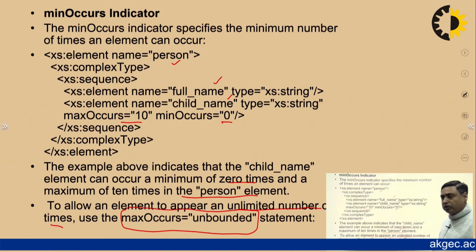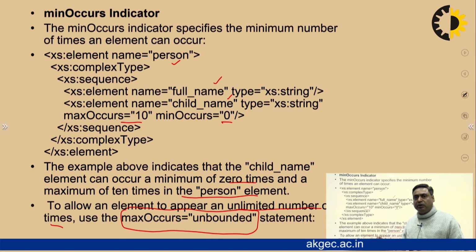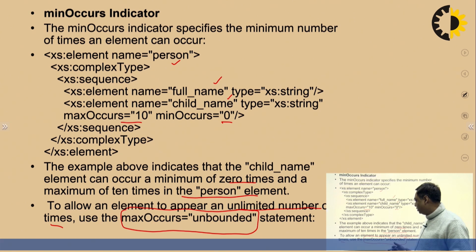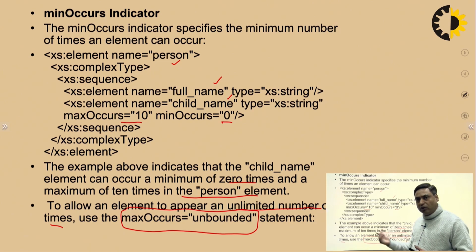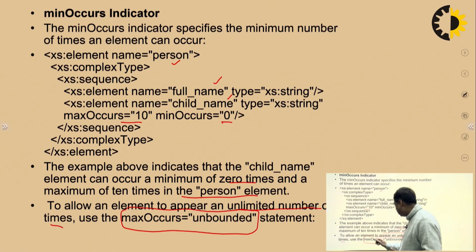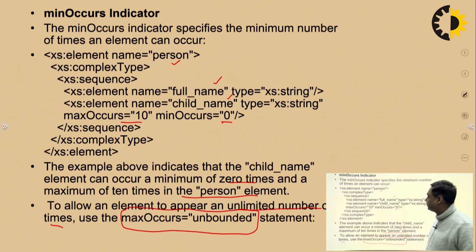If max occurs is set to unbounded, there is no fixed number for the maximum occurrence. It can be 10, it can be 20, it can be 100, it can be 50, that depends upon the requirement. So if you want to make max occurs not limited by a quantity, then we can define max occurs equal to unbounded.